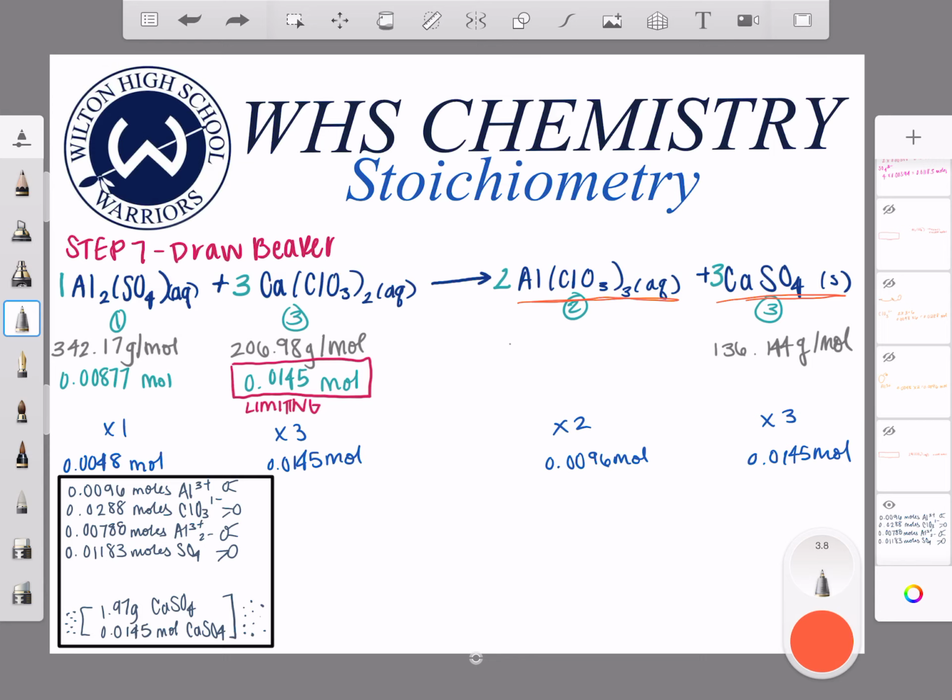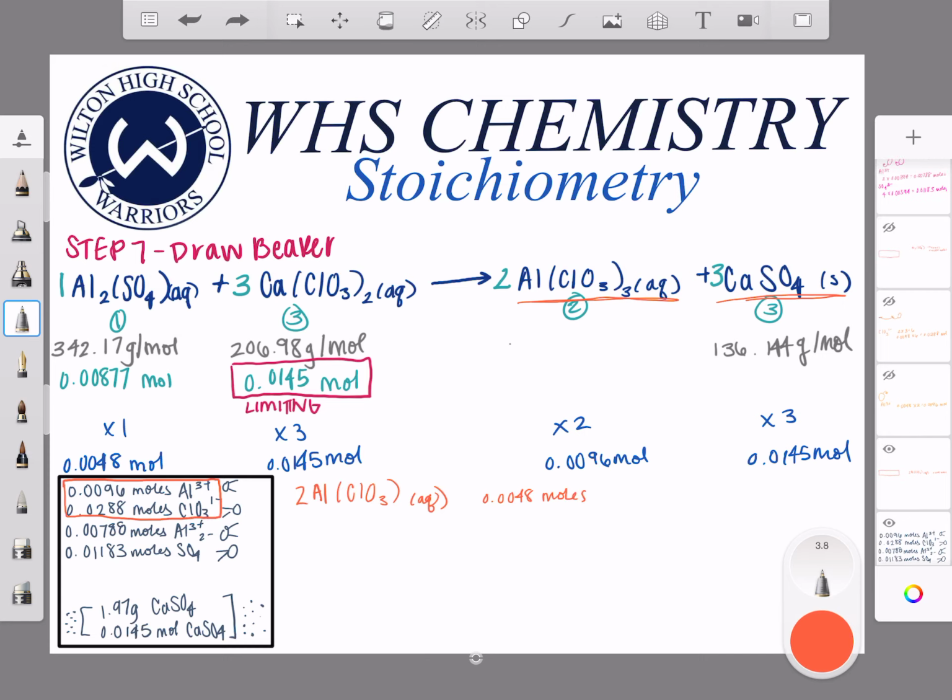Here is what the ions in this solution are going to look like, since they're aqueous and so are broken into ions. First, let's look at the Al3+ and the ClO3 1-. This appears on our product side, and we know our limiting reactant has a mole value, when its ratio is 1, of 0.0048 moles.